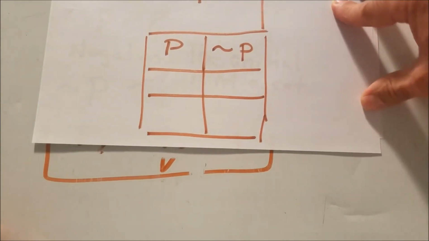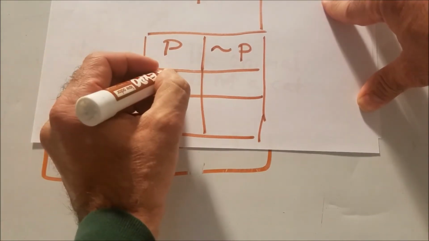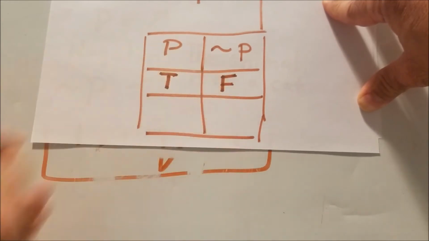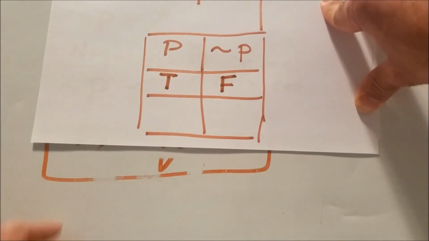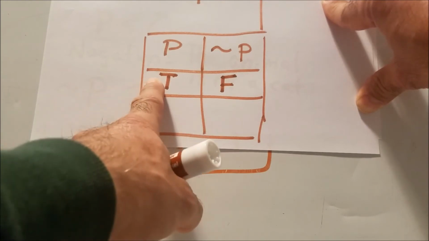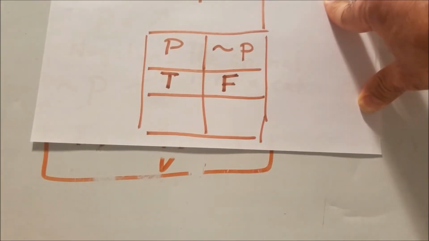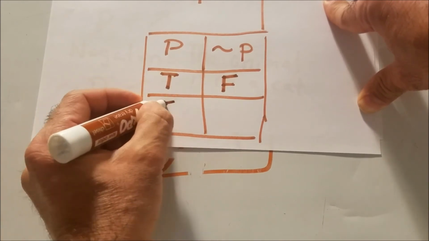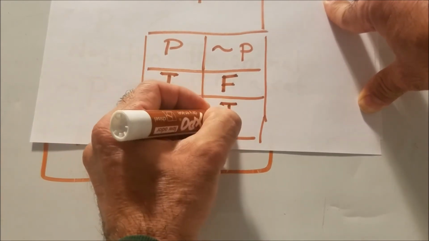That's our declarative statement. So if it's true, then the negation would be false. Right? You can't say that the animal is a cat and at the same time not being a cat. And I'll explain that in a minute. And so again, if the statement is false, then the negation has to be true.